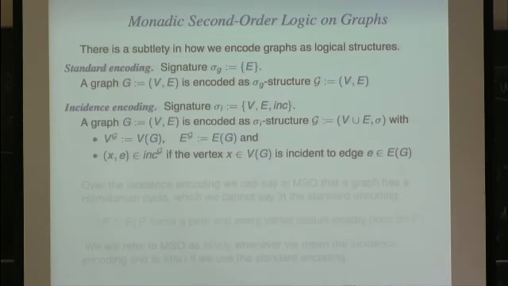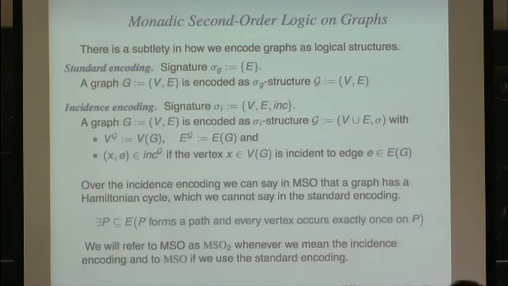Well, there's a huge difference between these two encodings if you use monadic second order logic. Since in MSO we have quantification over sets of elements, in this encoding we can actually quantify over sets of edges, right? And so over the incidence encoding in MSO we can say there is a set of edges which forms a Hamiltonian path, which you cannot say on the standard encoding.